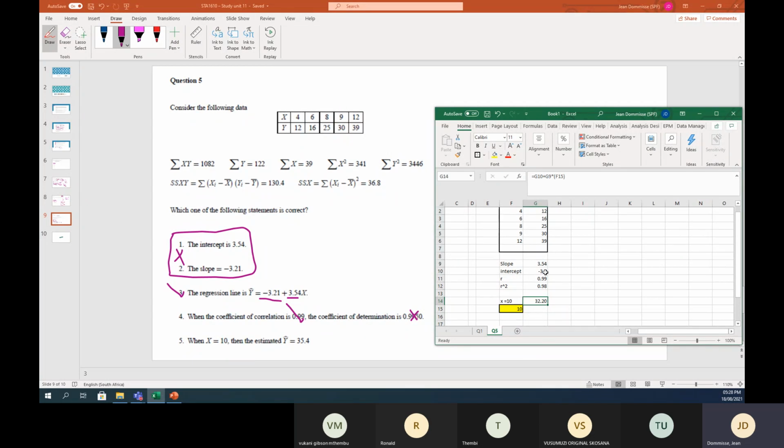And what is nice with this formula is that if they said it's 8, you can automatically see that your answer will change. So again, I think this is a nice spreadsheet that you can use for your assignments, but also for your exam as well.